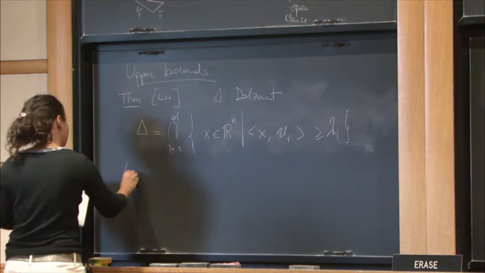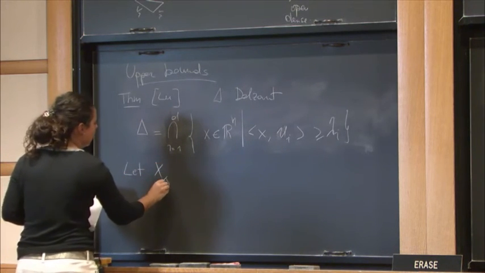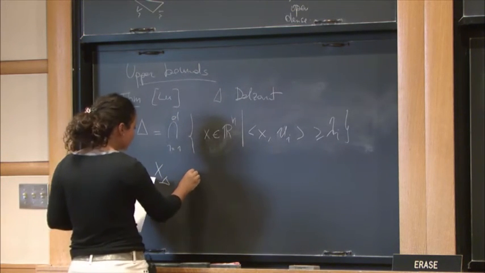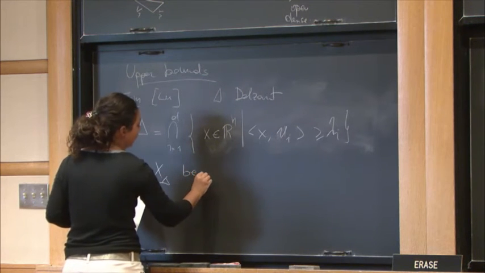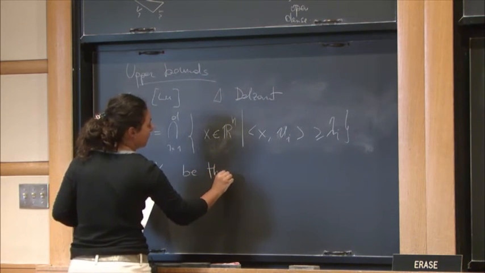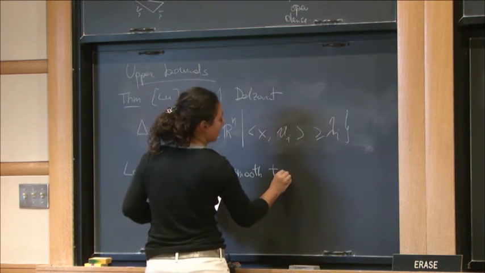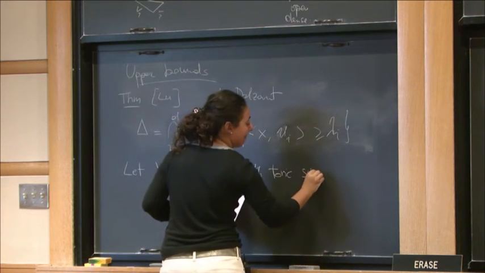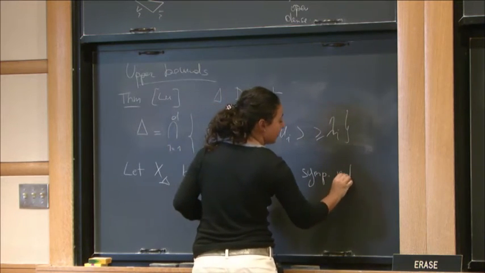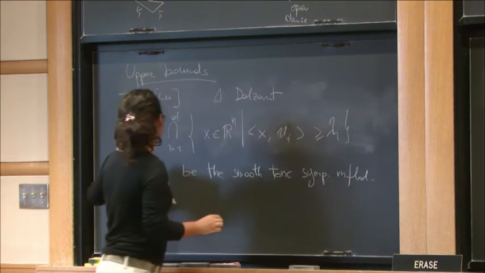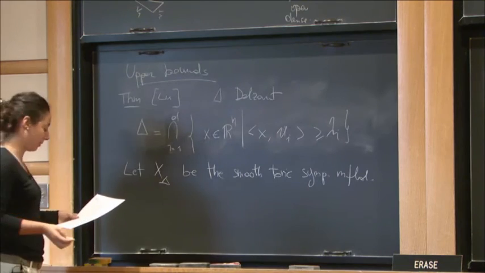Let X_delta be the smooth toric symplectic manifold associated to delta via the Delzant construction as usual.